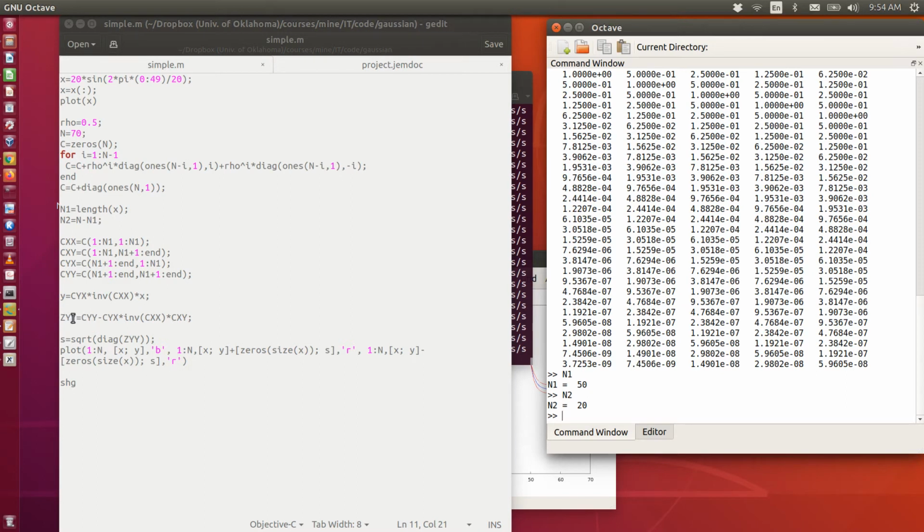Then we take the diagonal, which is the variances, and we take the square root, and then we can plot the result. Y is the mean, right? So we plot from 1 to n.